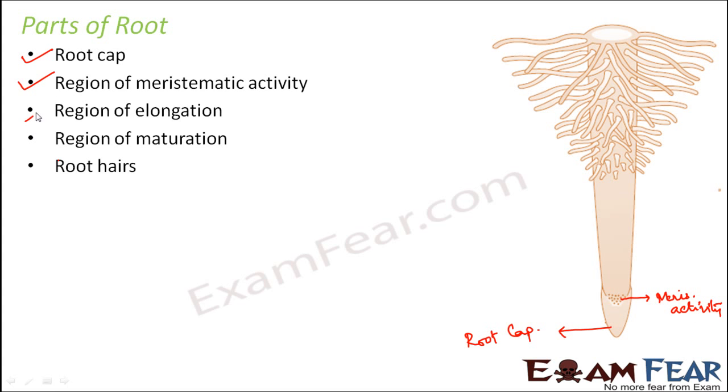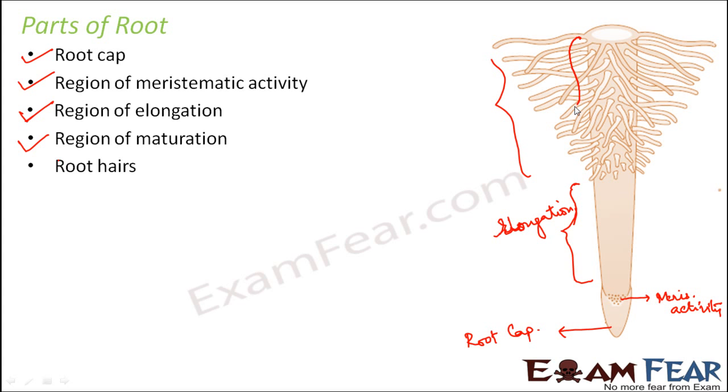Third one is the region of elongation. That region is basically this region. So this is the region of elongation. Fourth one is the region of maturation. Where is the region of maturation? Again, slightly above this, somewhere around this area.